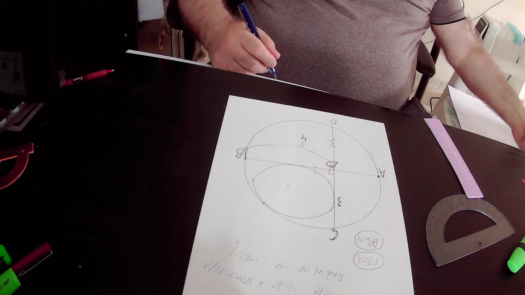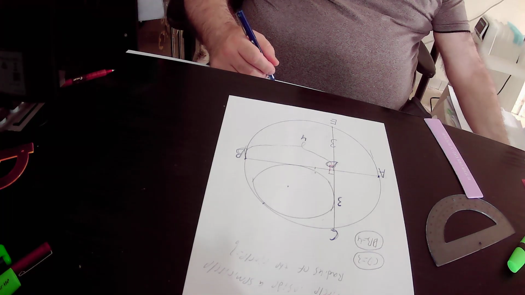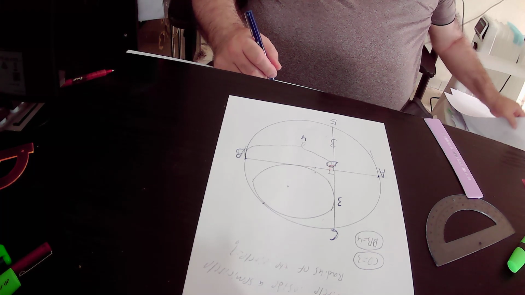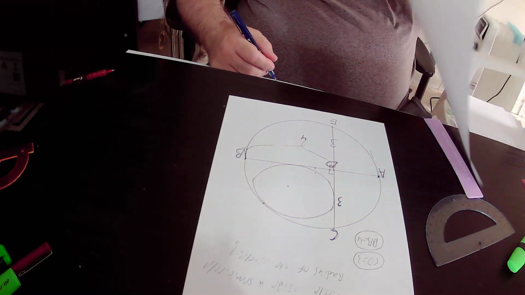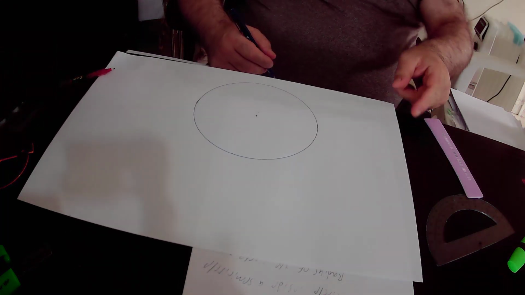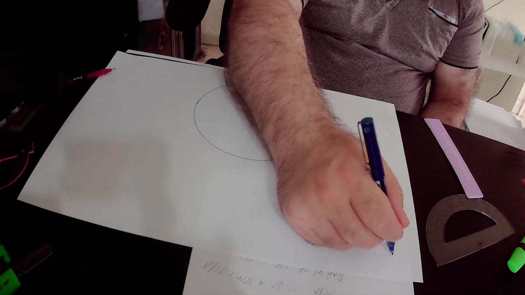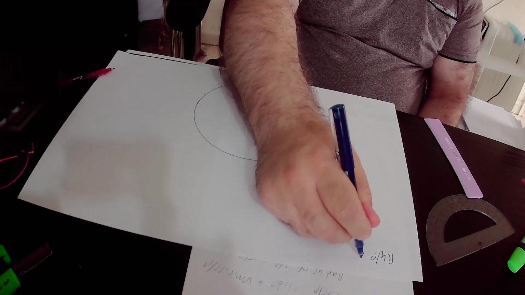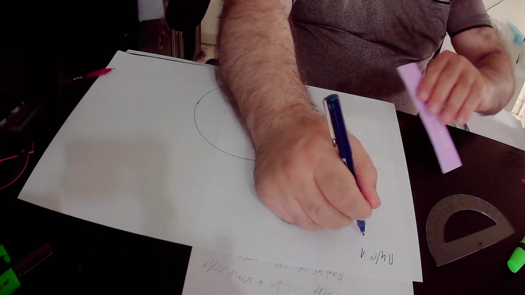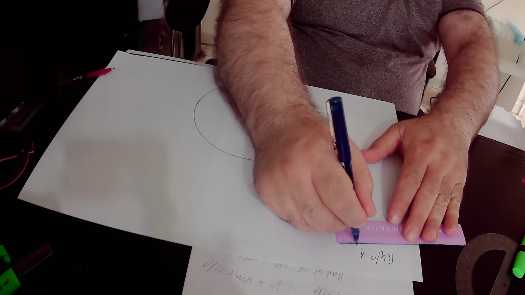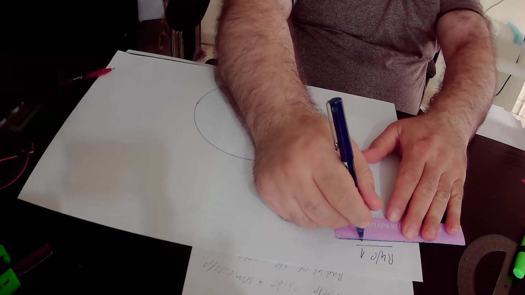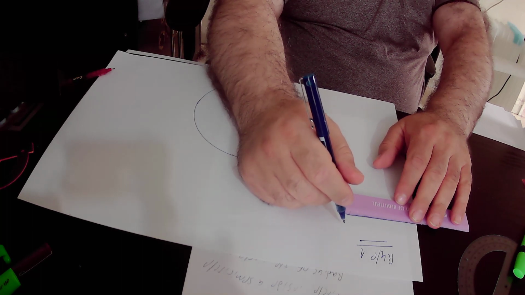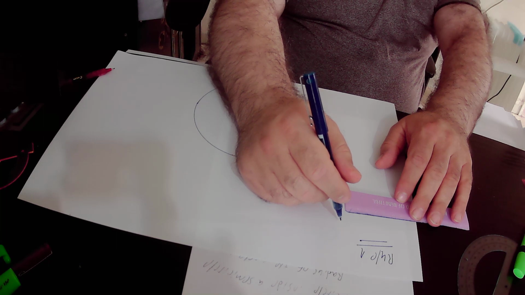In the next step, I'll present to you a new rule, rule number 1. According to rule number 1, if two chords intersect with each other inside the circle, then the following equation is true: AO times OB equals CO times OD.